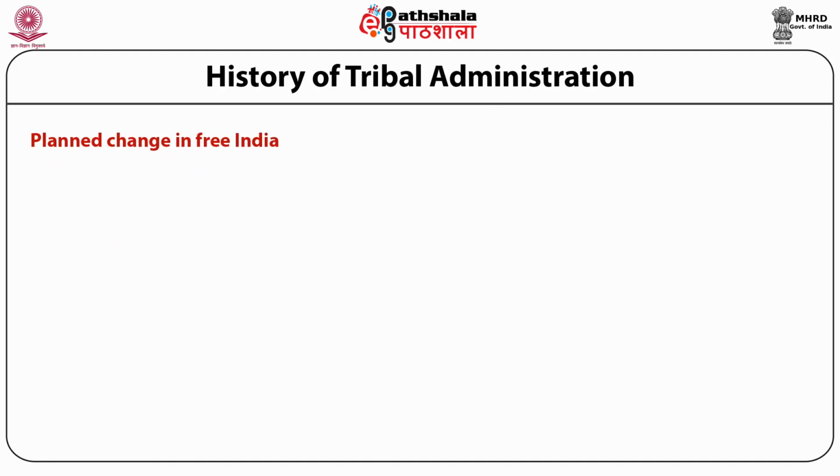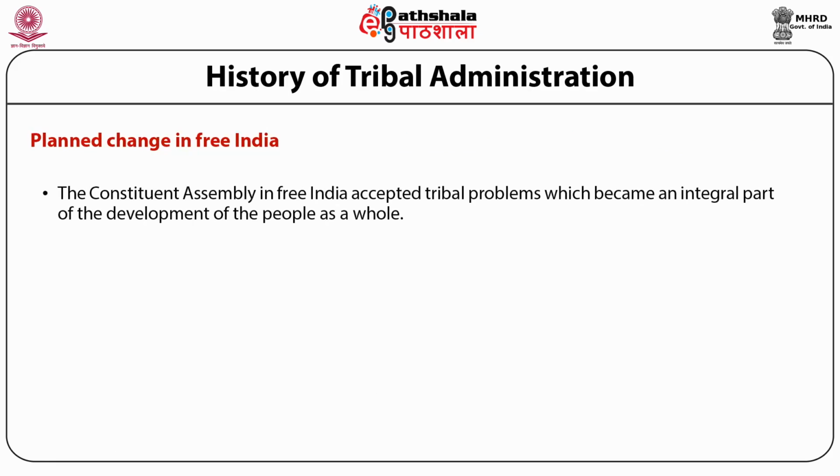Planned changes in free India. The Constituent Assembly in free India accepted tribal problems, which became an integral part of the development of the people as a whole. The administrative policy of tribal integration was adopted.